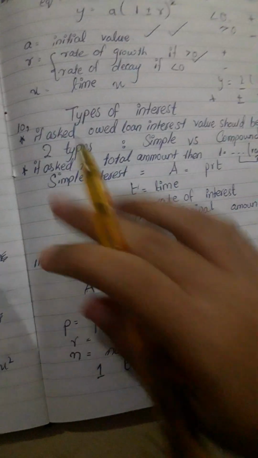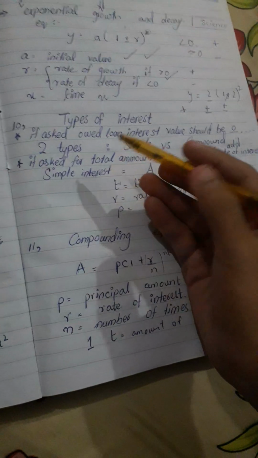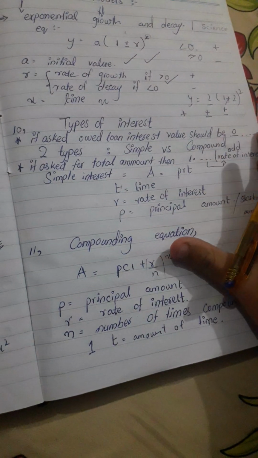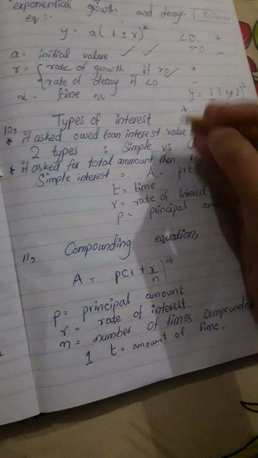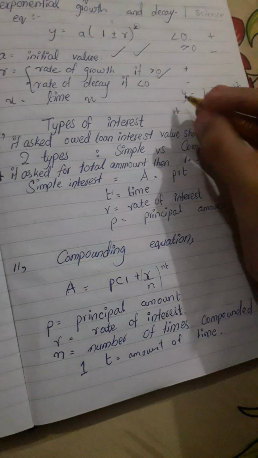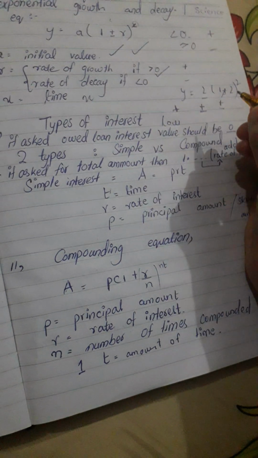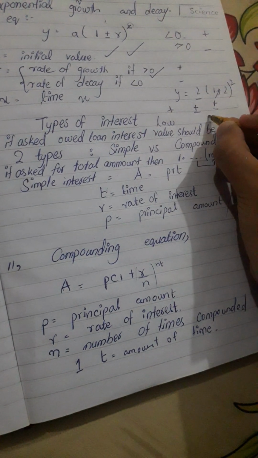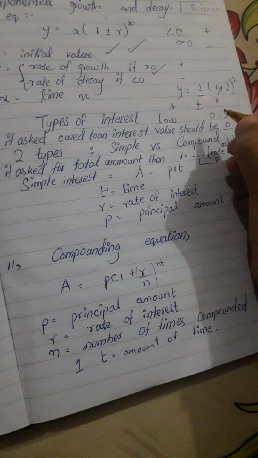Afterwards, let's focus upon our type of interest. If asked, owned interest value should be 0. If they have asked their loan interest value, that is a low value, then you should add 0.5.